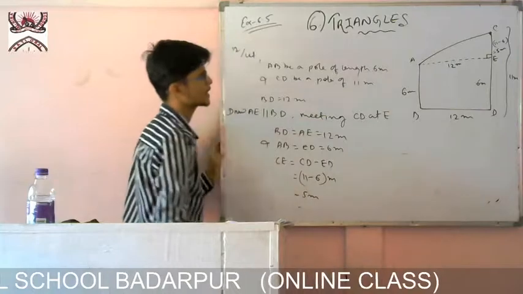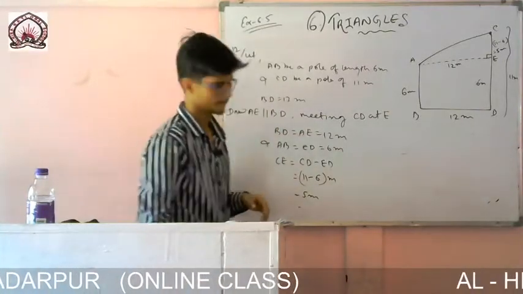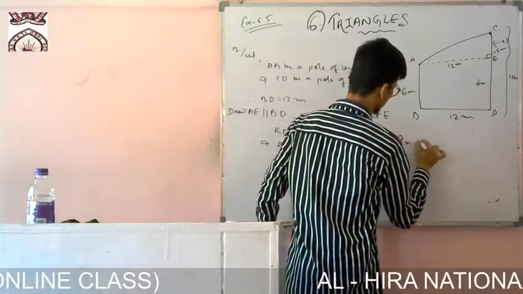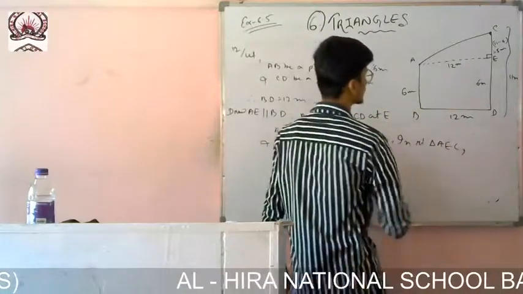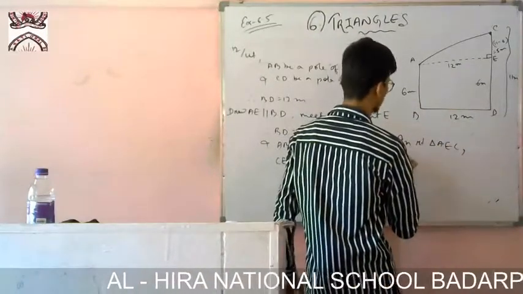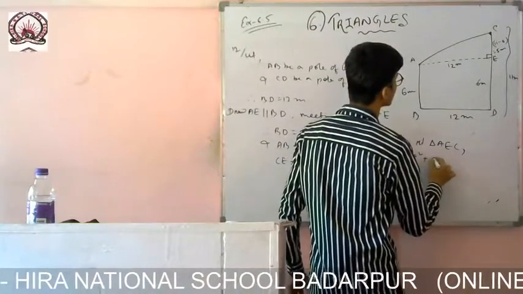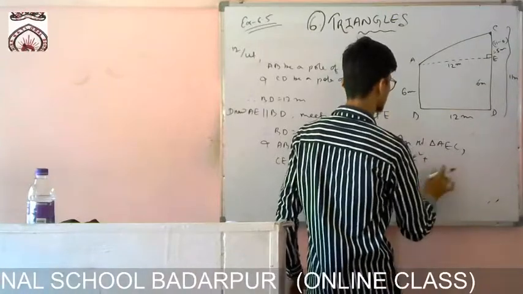So now in right triangle AEC, you write AC square is equal to AE square plus CE square.